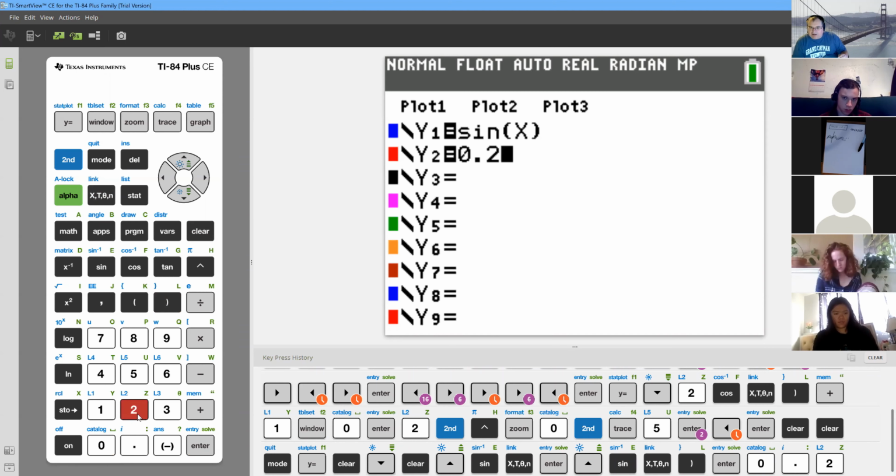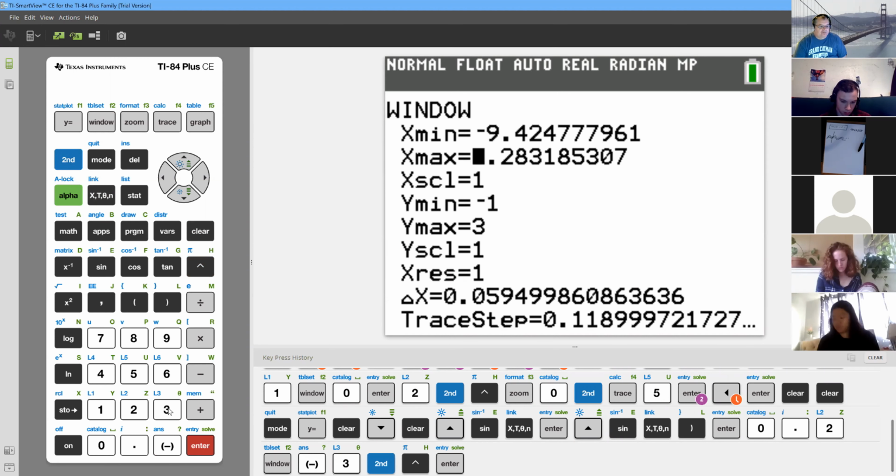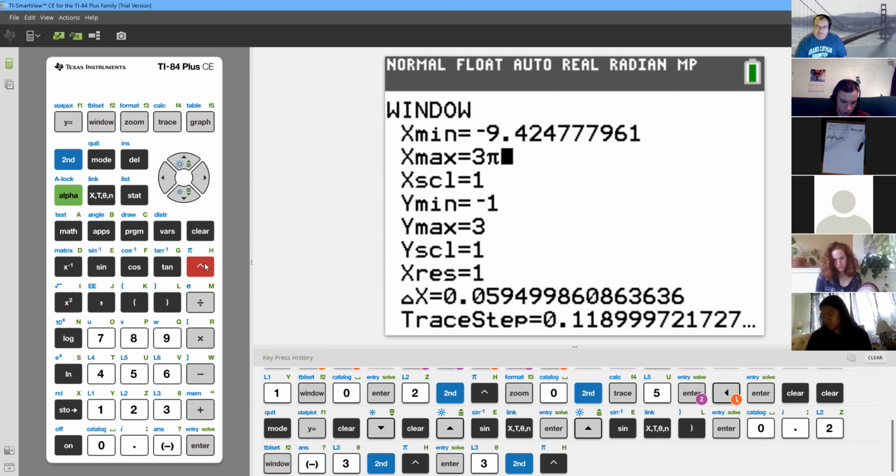So sine x equals 0.2 becomes 2 distinct graphs. You then go to your window, and in this question, they wanted negative 3 pi to positive 3 pi. So x min is negative 3 pi, and x max is positive 3 pi.